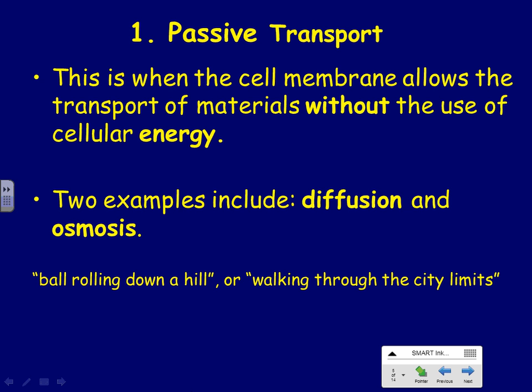Don't write down this ball rolling down a hill or walking through the city limits. I'm not even a fan of the walking through the city limits. I should have deleted it away. I'll talk about the ball rolling down a hill situation.